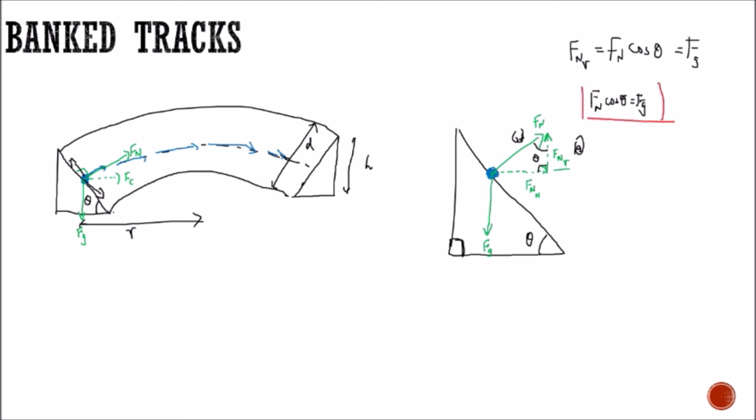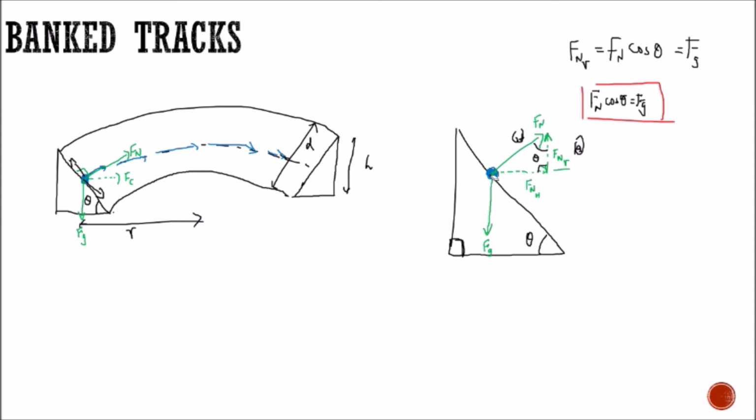Okay. But what about this horizontal component? What is it equal to? Well, it doesn't really have anything else in this direction. And we're ignoring friction in this case. We're assuming that we don't have friction on our side, so we're just relying on this banked track to keep things in motion. What is this actually equal to?